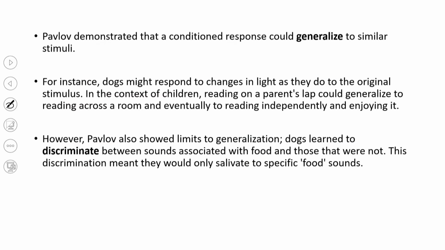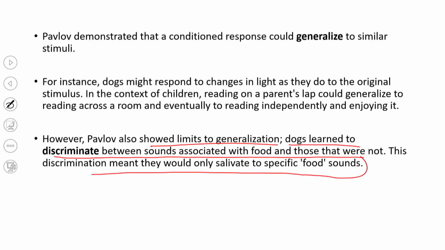Pavlov demonstrated that a conditioned response could generalize to similar stimuli. Sometimes the dog could generalize and produce saliva to sounds or lights similar to the original presented. Pavlov also showed limits of generalization. It is not that any similar kind of stimulus will be generalized. Dogs learned to discriminate also between sounds associated with the food and those that were not. This discrimination means they would only salivate to a specific sound.